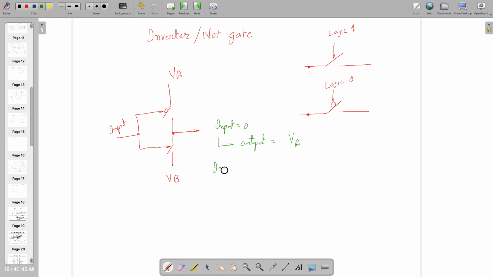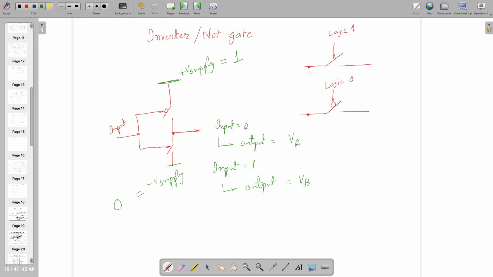In the case of input equal to 1, the output is VB. Right? If I replace these voltages with power supply positive side and other side minus power supply, which is acting as digital logic 1 and digital logic 0, right?